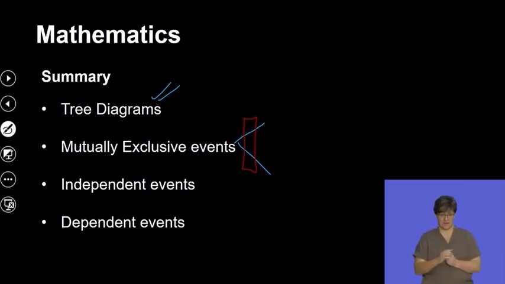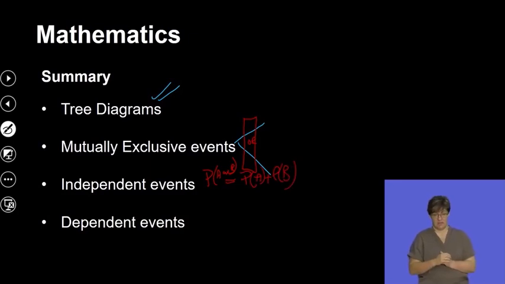So when we use the OR rule, the probability of A or B is going to give us 1, because it is the probability of A plus the probability of B, and they're going to add up to 1.